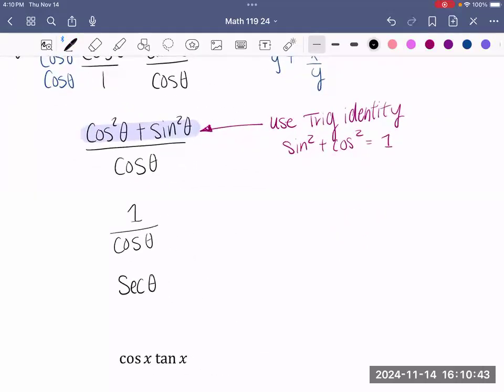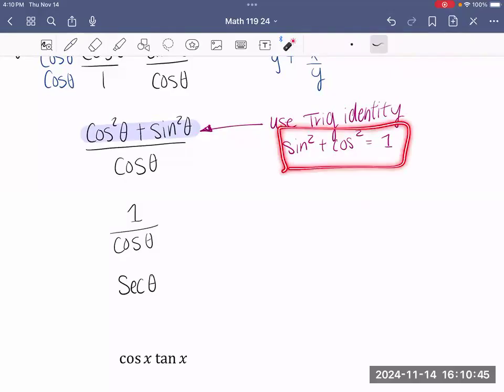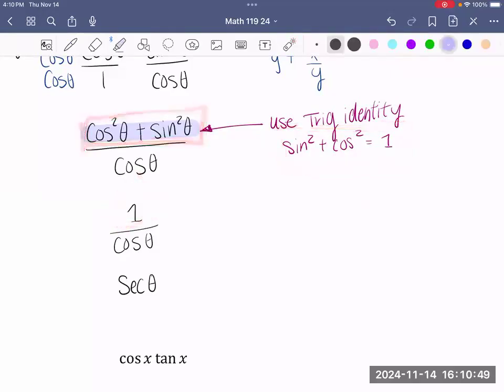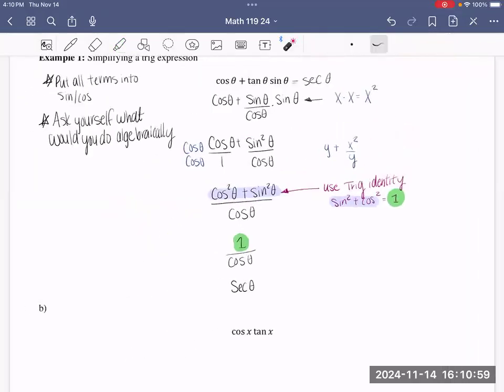Now, if you're having a hard time connecting why we did the 1, we're replacing this expression that we have right here with its output. That output being 1, we're just replacing right here. So again, to recap, if we get stuck, if we can't use an identity in the first place, we want to perhaps put everything in terms of sine and cosine. Then we want to do what we can algebraically.